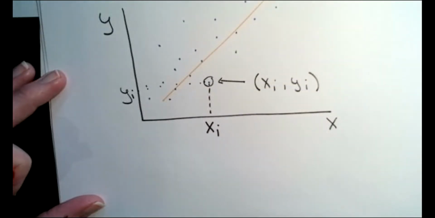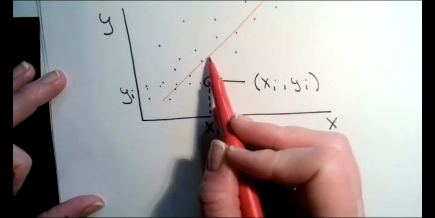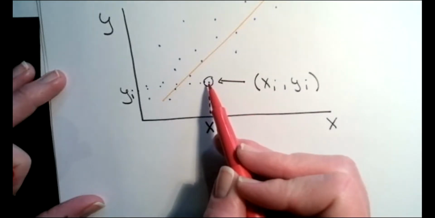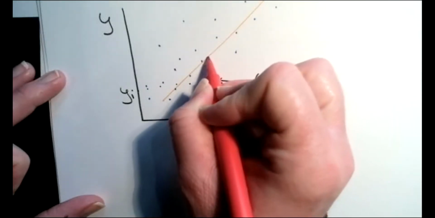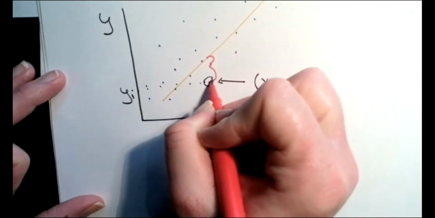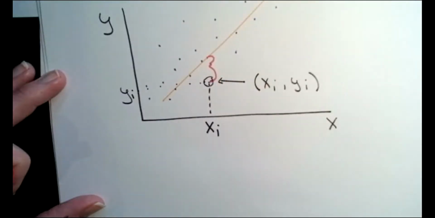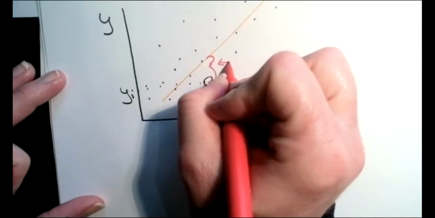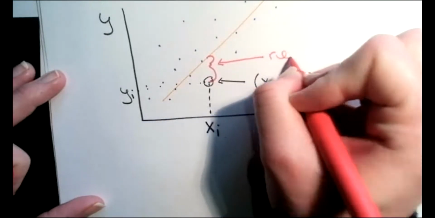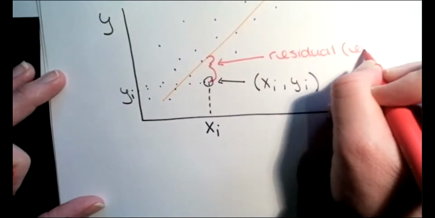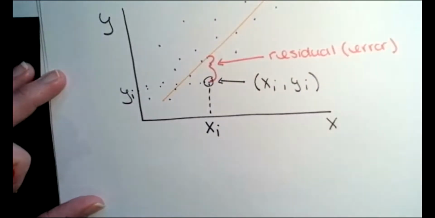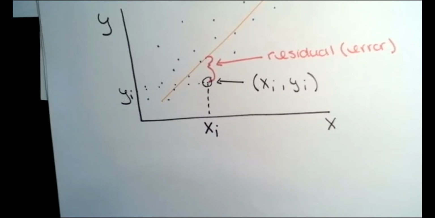That's the error, because my line is saying one thing, but my actual data point is saying something else. That distance is my residual, my error.